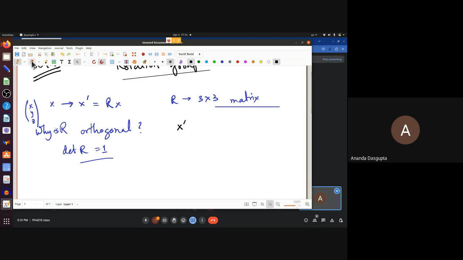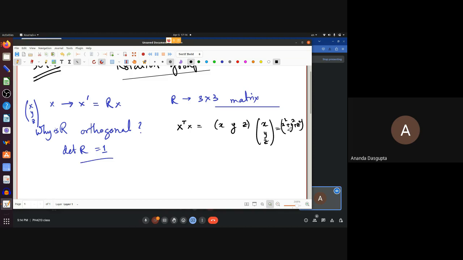In the sense that under a rotation, this quantity x transpose x, which is really the row vector x, y, z multiplying the column vector x, y, z. So x squared plus y squared plus z squared is really a 1 by 1 matrix with entry x squared plus y squared plus z squared. But even mathematicians don't distinguish between 1 by 1 matrices and numbers, at least most of them don't.